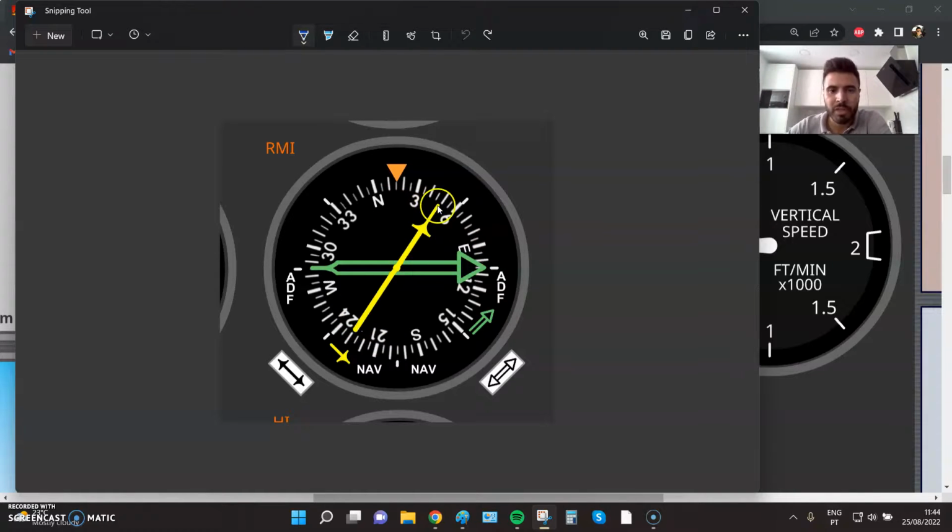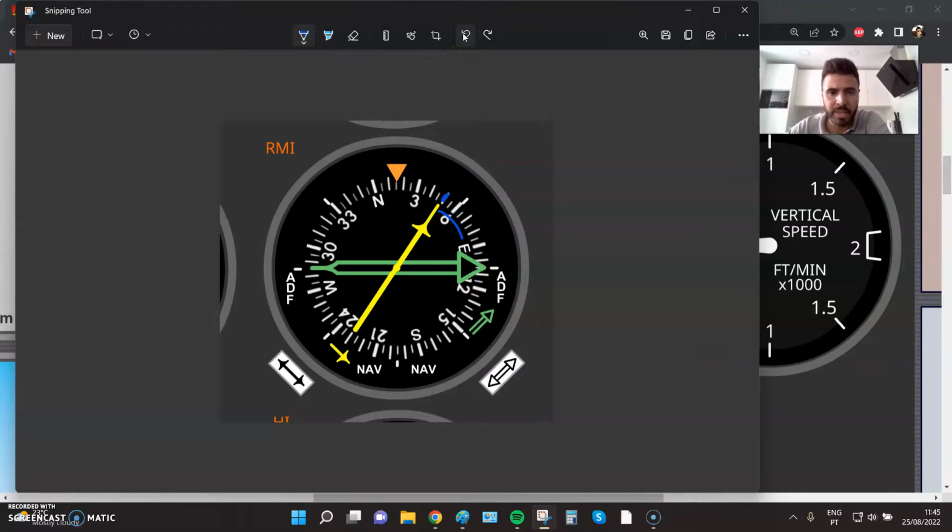Because if you go to the left of the needle, the QDM will go to the right side. Imagine that you are on QDM 050 and you want the top of the needle to go to 090. You want the needle to go right, so you need to go left. That's why we say it's a liar.